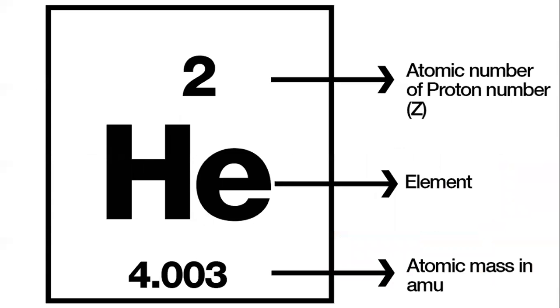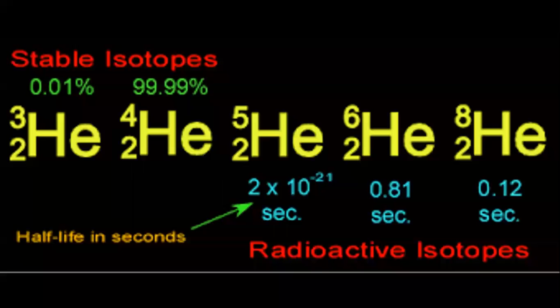Consider helium again. Most helium atoms have 2 neutrons in addition to 2 protons. Therefore, the mass of most helium atoms is 4 atomic mass units: 2 AMU for the protons and 2 AMU for the neutrons. However, some helium atoms have more or less than 2 neutrons.